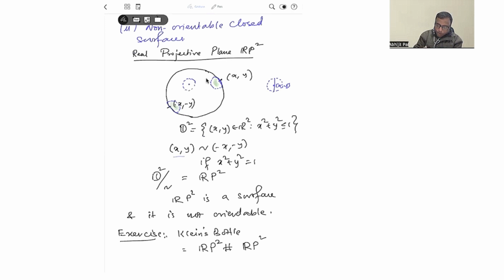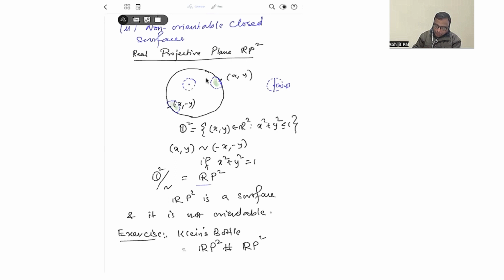The point (x, y) is identified with (−x, −y), if x² + y² = 1, so the identification is only on the boundary. This (x, y) lies on the unit circle S1, therefore (−x, −y) also lies on the unit circle. So you can define an equivalence relation on this disk, where (x, y) is related to (−x, −y). The quotient space we will call RP2.